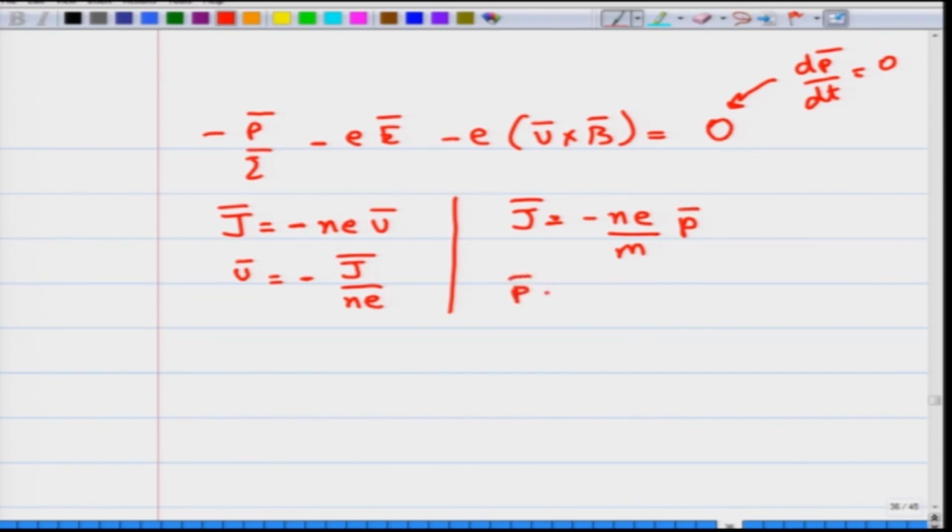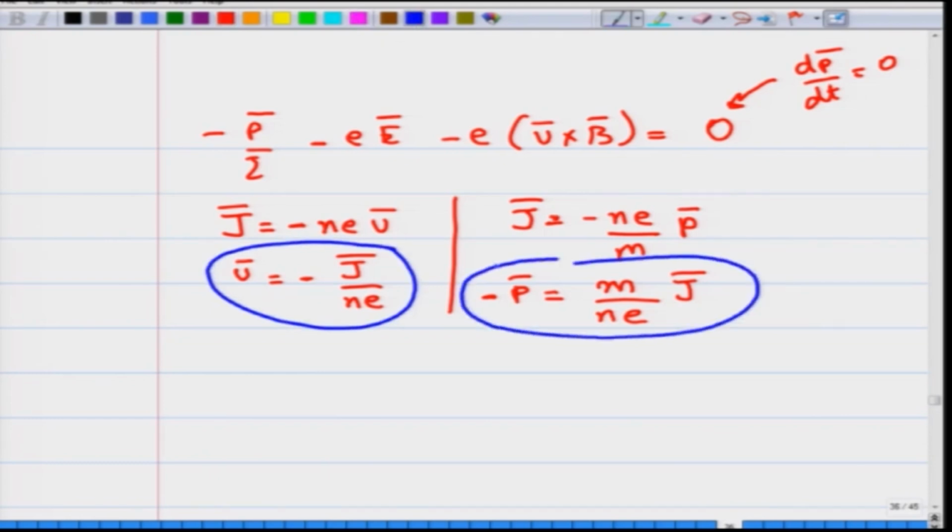So, my momentum also, minus of p, can be written as m over NE into J. So, we have two expressions here. The velocity and the momentum can both be expressed in terms of J, and you can substitute both of them into this, so that we have now an expression in terms of J and the fields that are present.